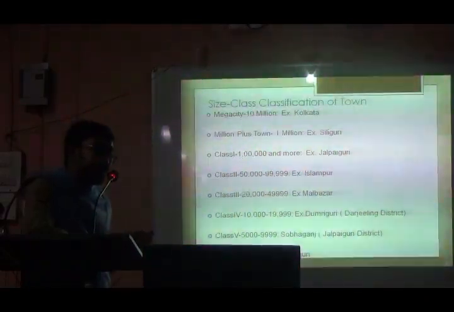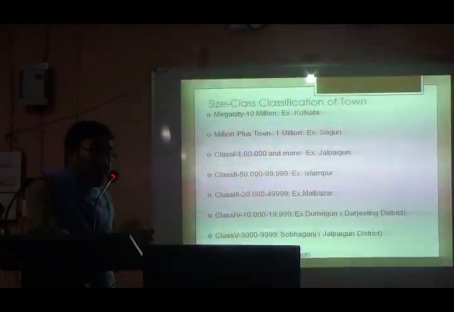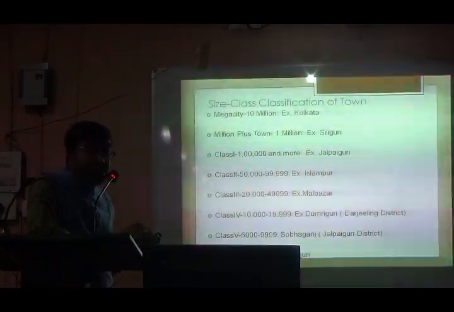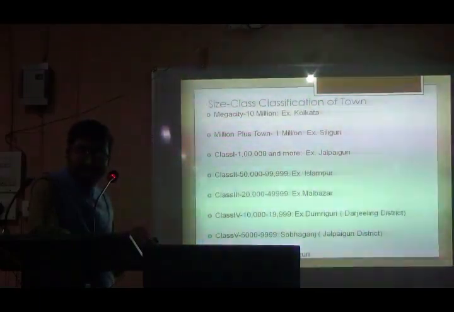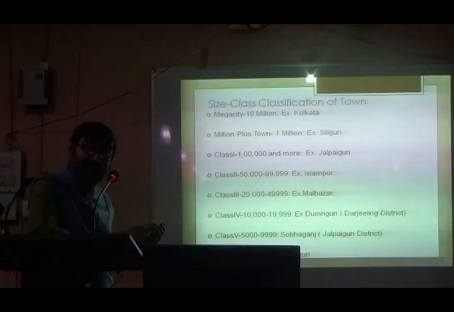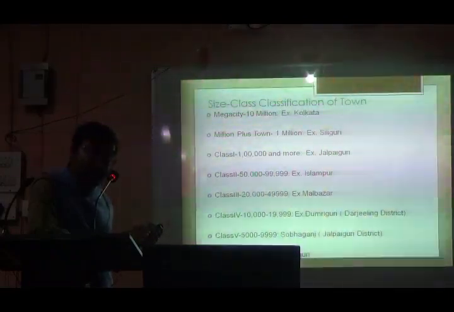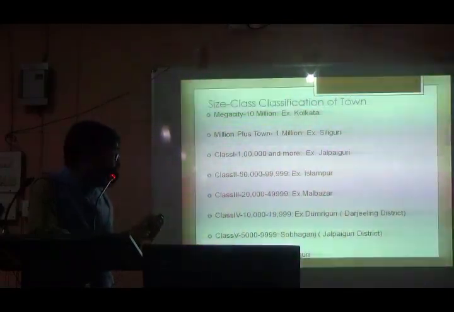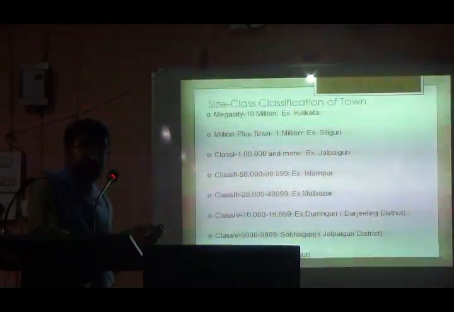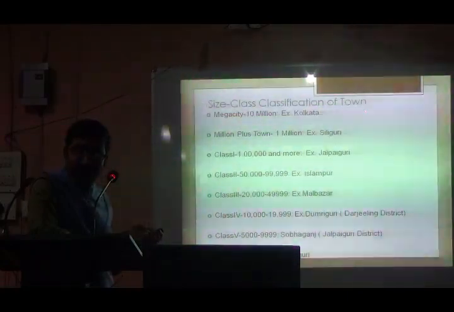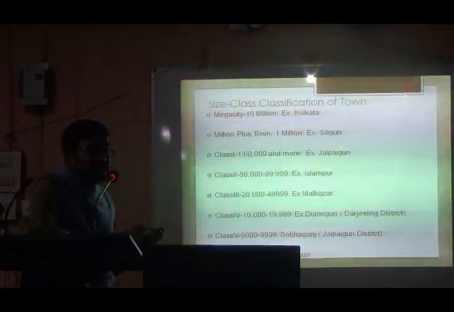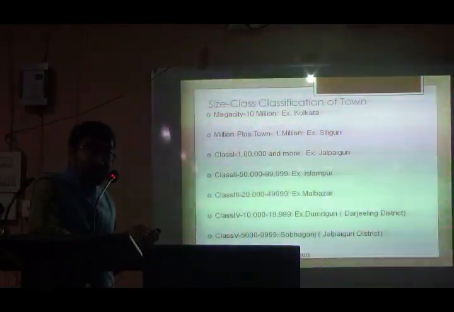Size class means we have to arrange the towns or cities based on their population size, and it reflects our urban hierarchy. This concept is related with urban hierarchy, and more specifically, this kind of hierarchy was introduced by the Census of India for developmental aspects.